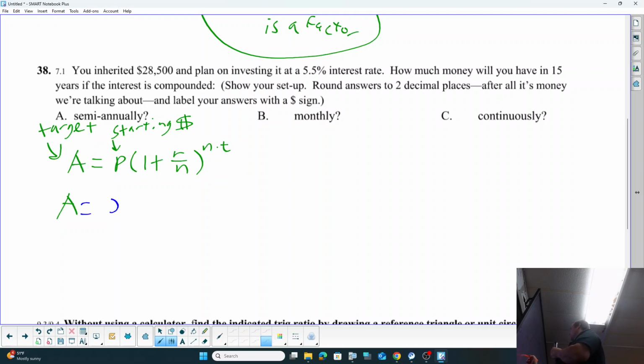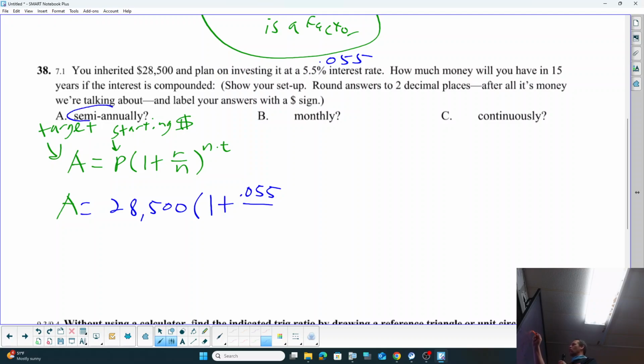Okay, so that's going to be 28,500 times 1 plus the rate. Our rate is 0.055, divided by how much money will you have in 15 years if your interest is compounded semi-annually?